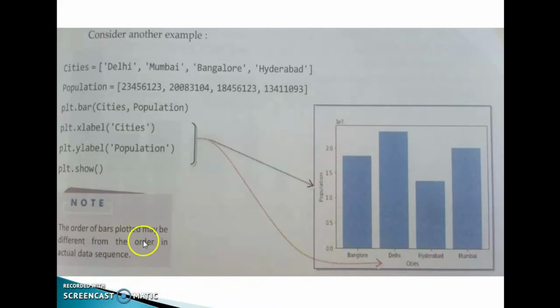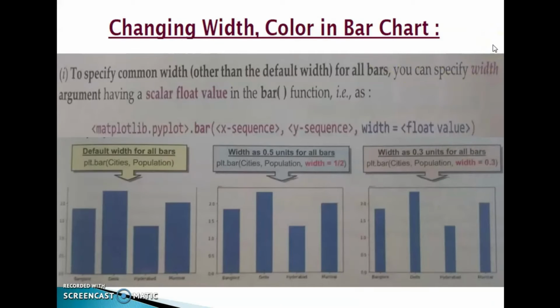The order of bars plotted may be different from the order in the actual data sequence. This is the actual data sequence, but we can see the sequence in another order, that is, in ascending order. Okay, clear?